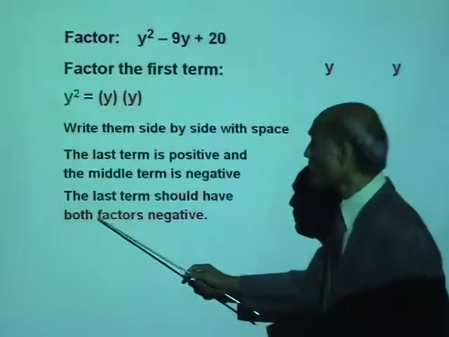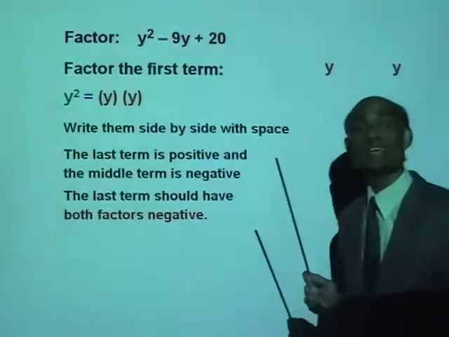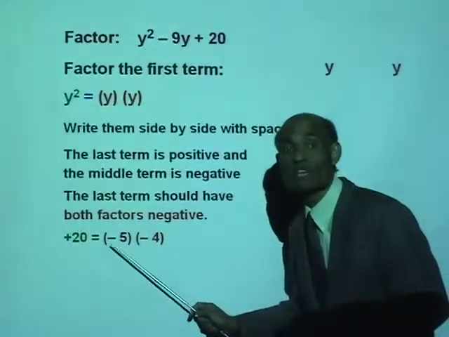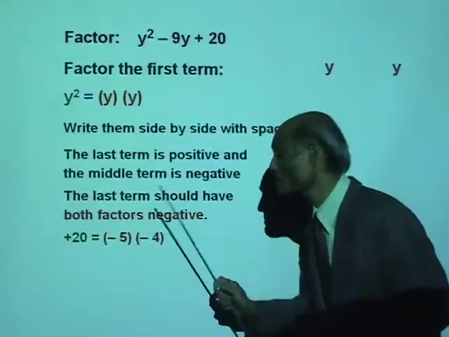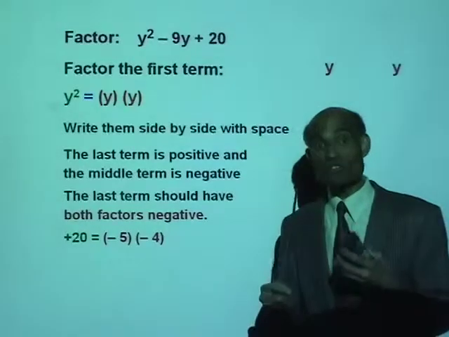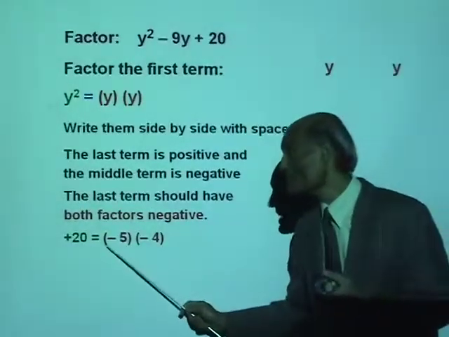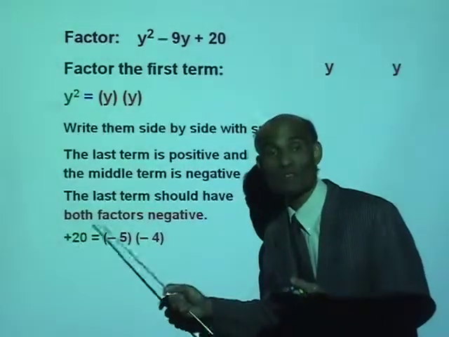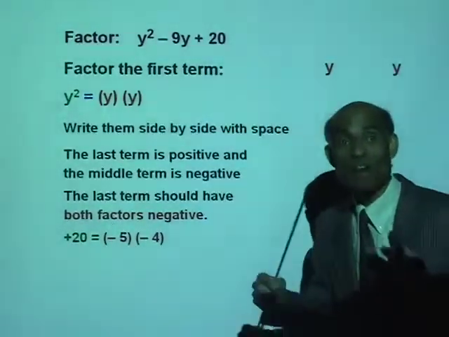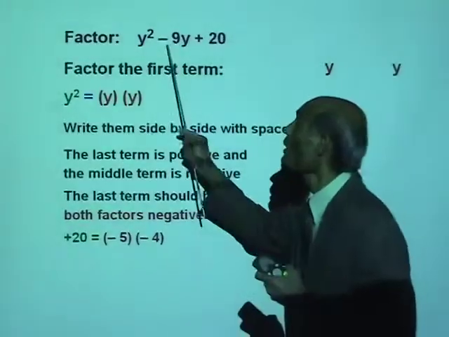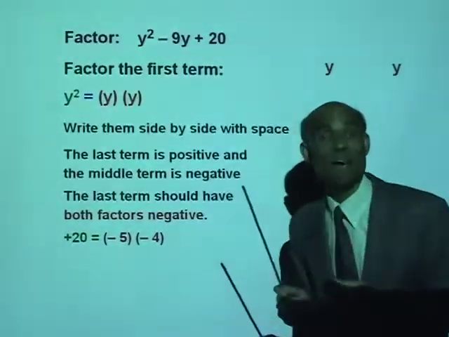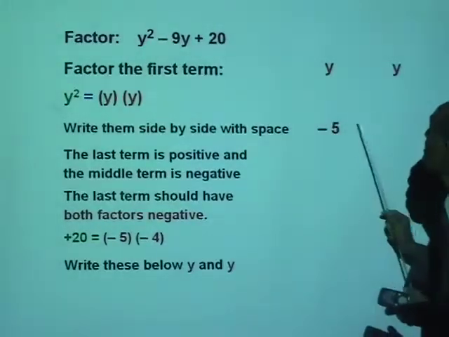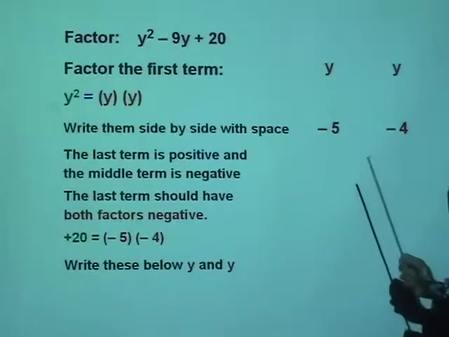So positive 20 equals negative 5 times negative 4. That choice is very obvious because negative 5 multiplied by negative 4 gives you positive 20, and negative 5 added to negative 4 gives you negative 9. So write these factors below here, negative 5 and negative 4.